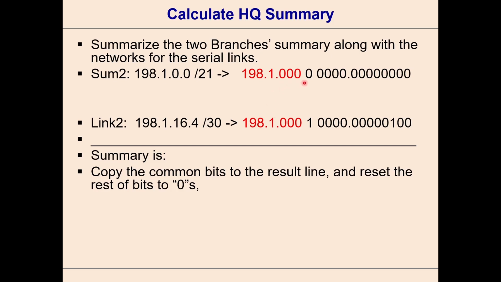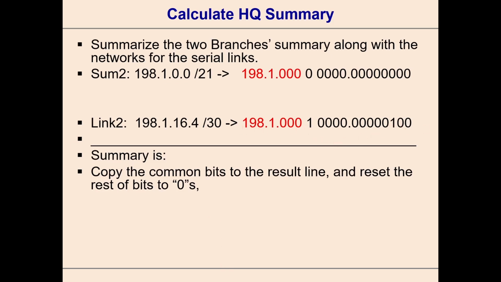The third octet we need to compare from the leftmost bits towards the right. So first the 3 bits in the third octet are matching in common. The 4th bit from the left is different. That creates a boundary between the summary network portion and the host portion.